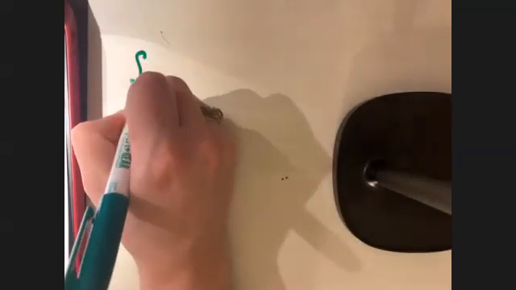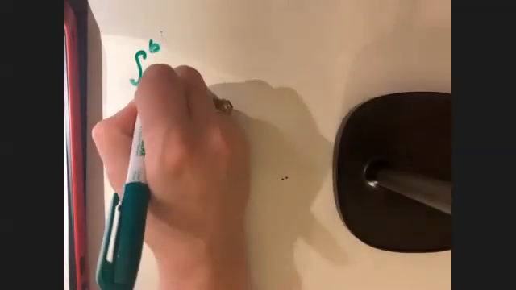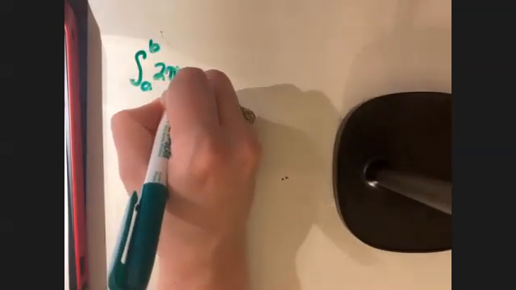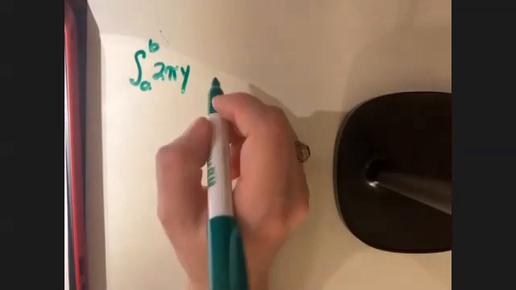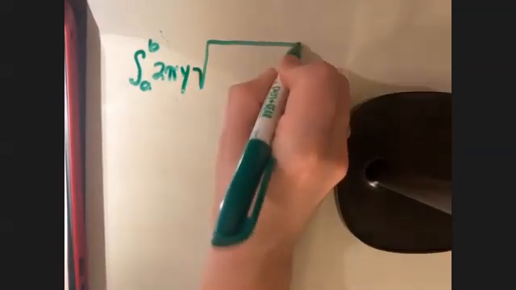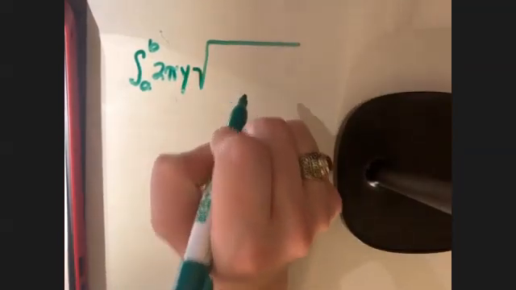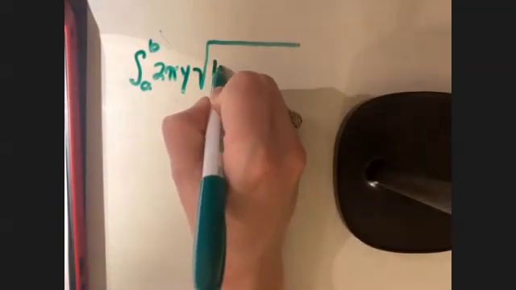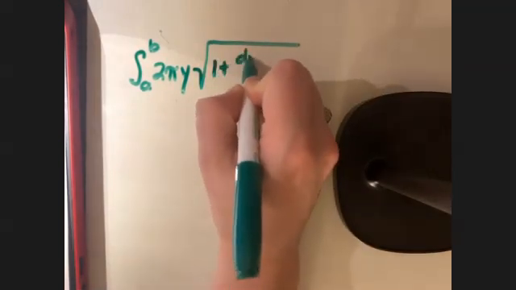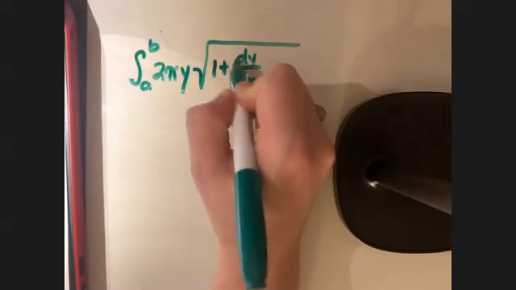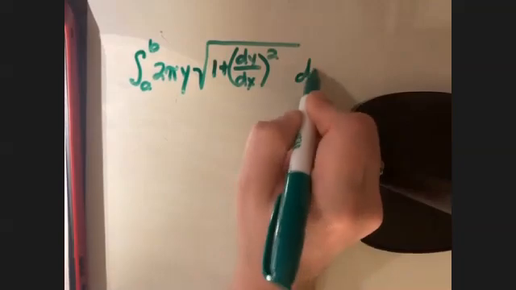So the formula for this is the integral from a to b of 2 pi y, where y is our function, times the square root of 1 plus dy/dx squared, dx.